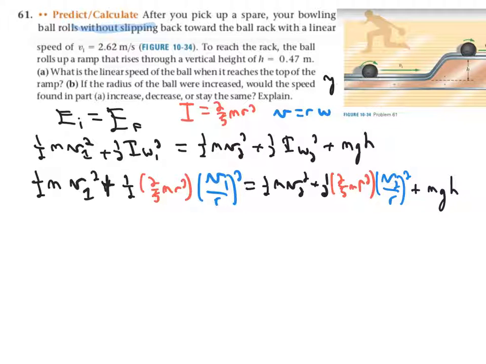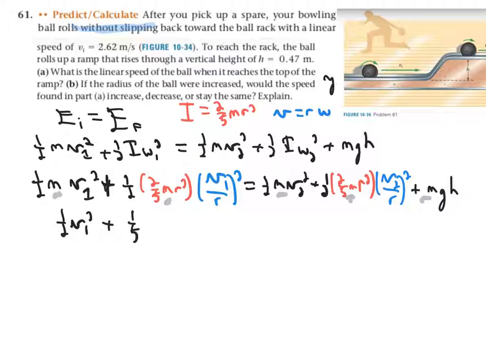That's kind of convenient because it puts everything in terms of m, so that's useful, right? We have m's here, and here, and here, and here, and here, and since there's an m in every term, we can divide it out, so it goes away. And so I have 1/2 v1 squared, and then I have 1/2 times 2/5, which is 1/5, and the m's gone away.